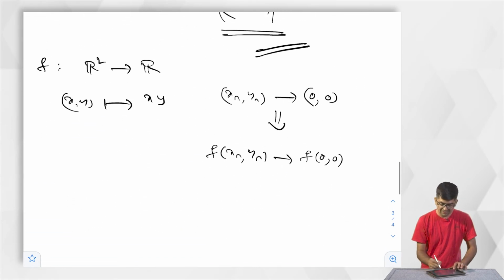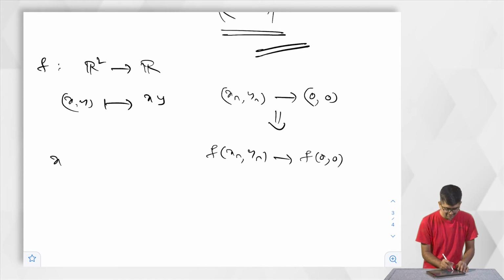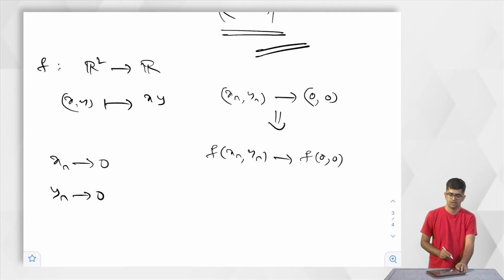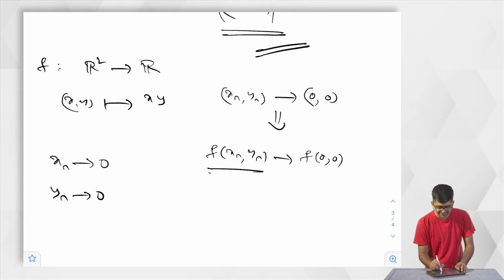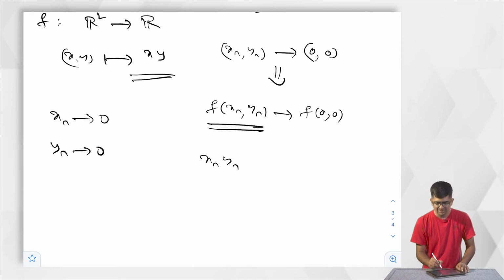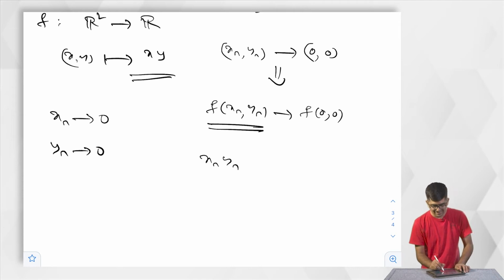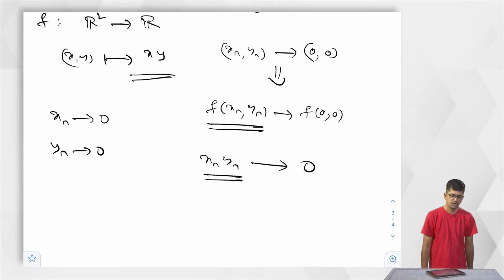So what we have here is the following: (xn, yn) converging to (0, 0) implies xn goes to 0 and yn goes to 0. Now what is f of (xn, yn)? According to this, it is simply xn yn, the product of those two elements. Now what is f of (0, 0)? 0 times 0, that is simply 0. All we are asking is whether the product converges to 0 or not.